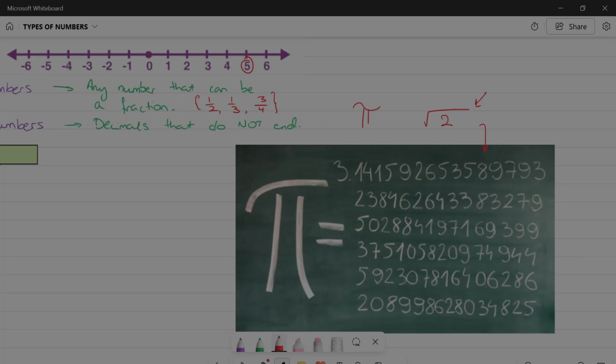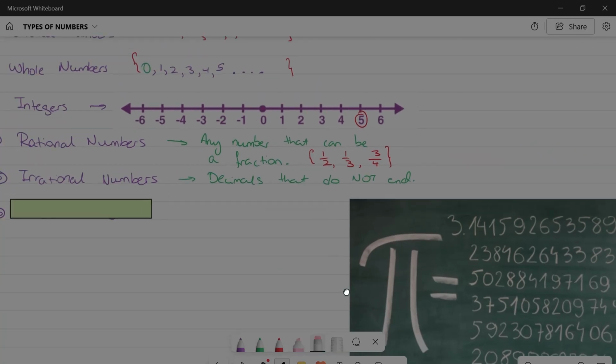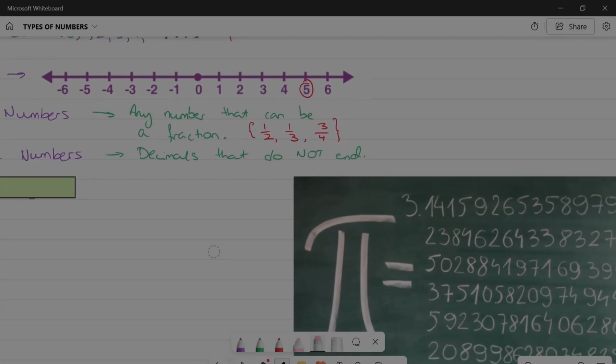These are considered irrational numbers because they are a little bit crazy. They never end, they have no pattern, and they continue on forever. Two examples of irrational numbers are pi and the square root of 2.